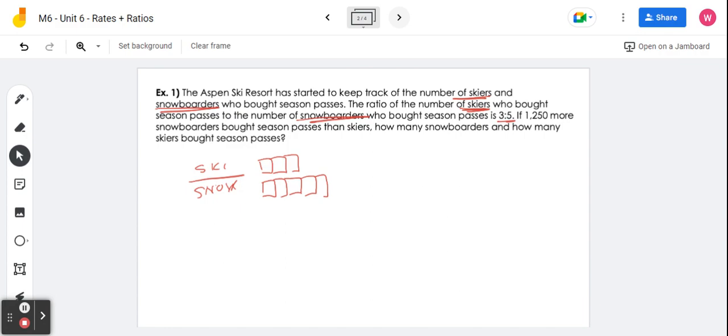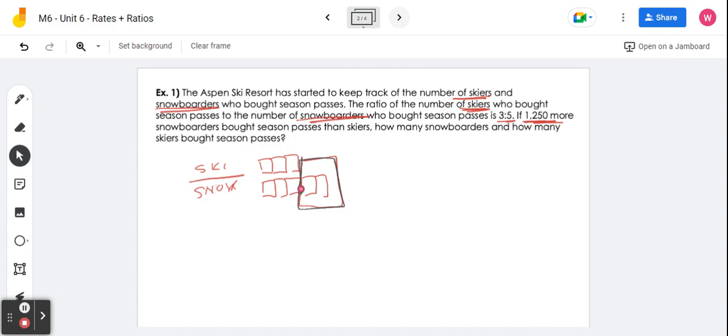passes? Well, we're told that there were 1,250 more snowboarders that bought season passes. Looking at our tape diagram, we see that there are 2 extra pieces of tape here. This is how much more snowboarders there are than skiers.